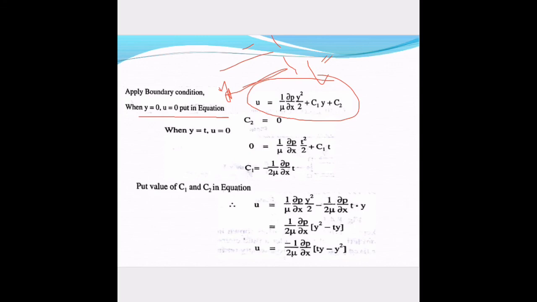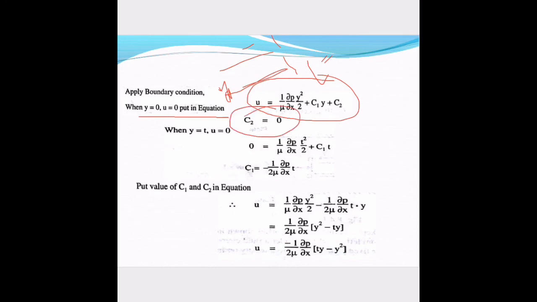Solve this equation and ultimately you will get C1 as: C1 will come to the left side and a negative sign will come on the right hand side, so C1 equal to -1 by 2 mu del p by del x t.